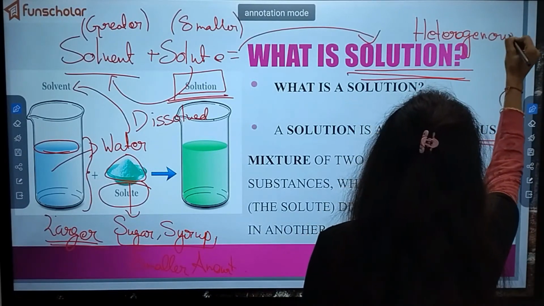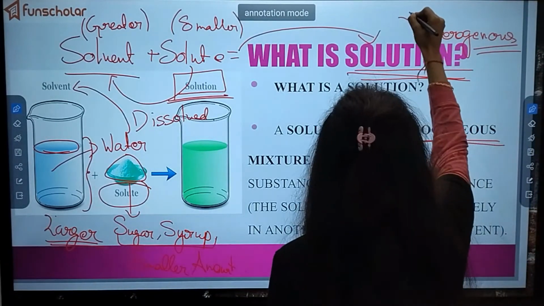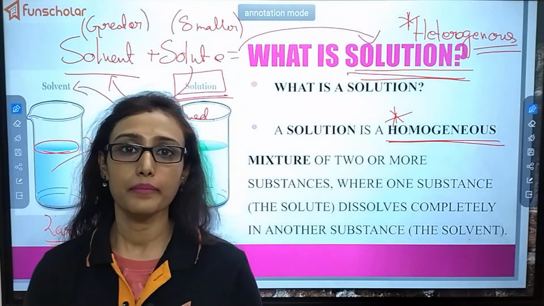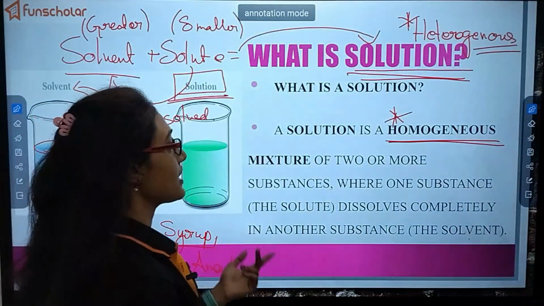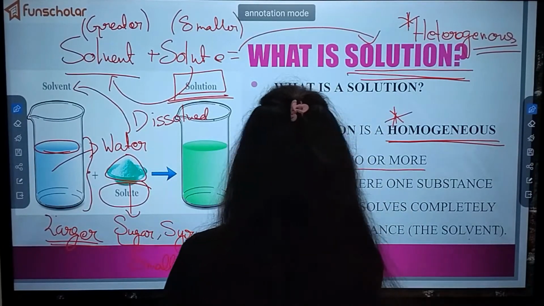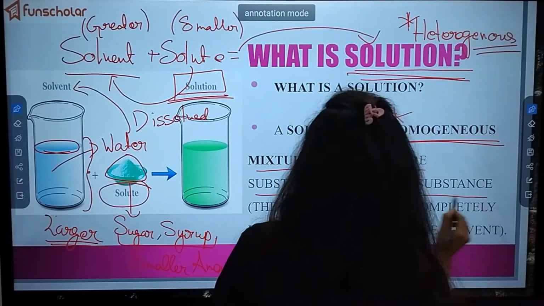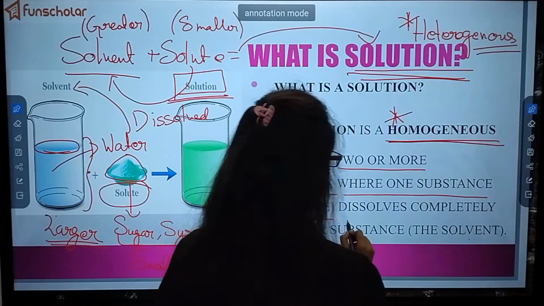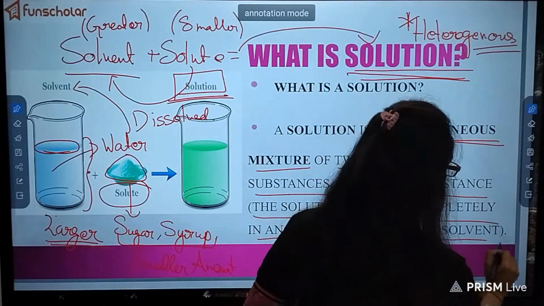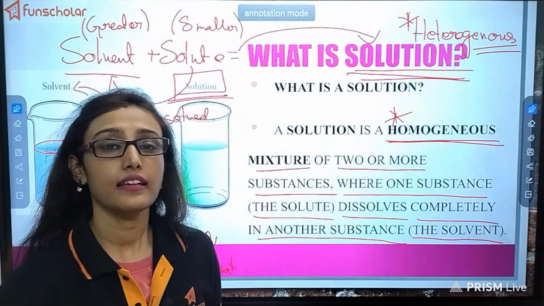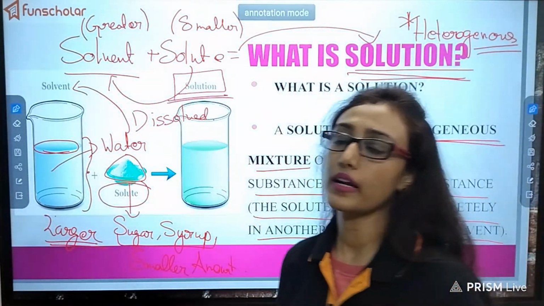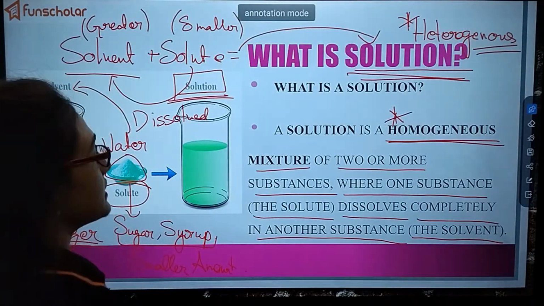You please write these points. These are very important for your upcoming classes also. So a solution is a homogeneous mixture of two or more substances where one substance is the solute that dissolves completely in another substance, the solvent. I think now for the whole life you will remember what is solute, what is solvent and what is solution.